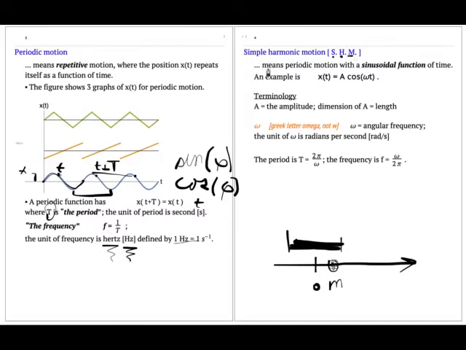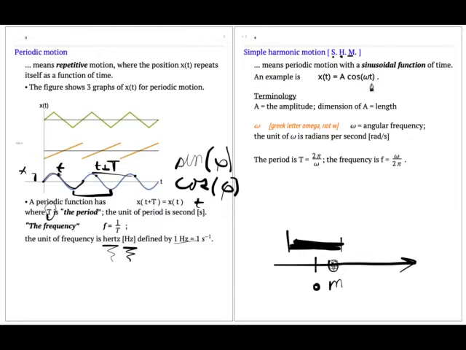So simple harmonic motion is periodic motion, but of a very special type. The time dependence is sinusoidal. In other words, if you make a graph of the position as a function of time, the displacement from the equilibrium as a function of time, it'll be a sinusoidal function.